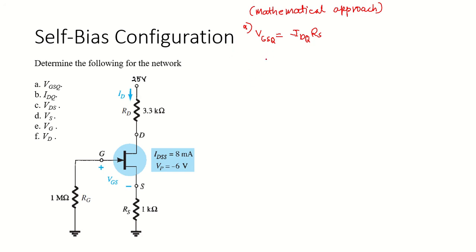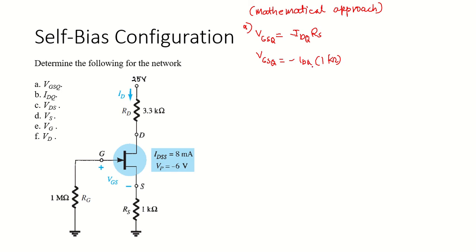So VGSQ, ID is not given, but RS is given. So VGSQ is equal to negative IDQ times 1 kilo ohm. So it will be difficult to solve the problem because this is one equation with two unknowns.